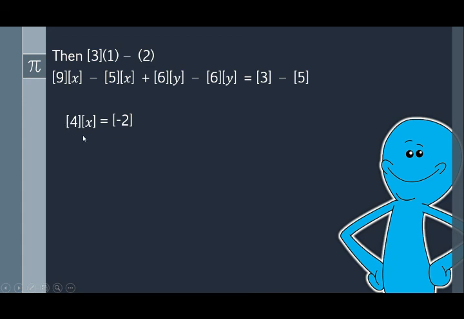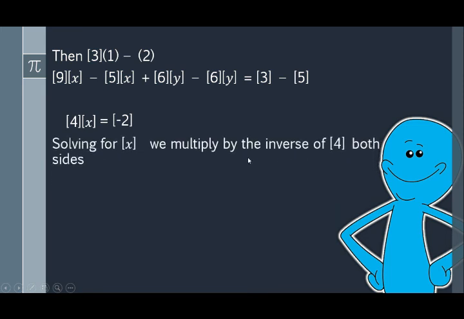the congruence class of x, so I do not need this 4 on this side. I can simply eliminate it by multiplying both sides by the multiplicative inverse. So multiplying both sides by the congruence class of 4 inverse, this and this will eliminate, and I'll be left with x, and this side will remain as is.